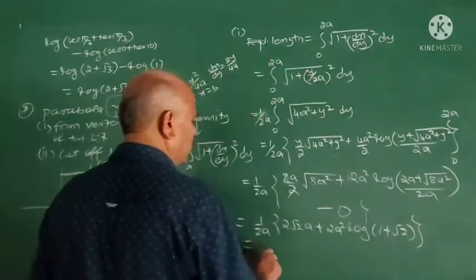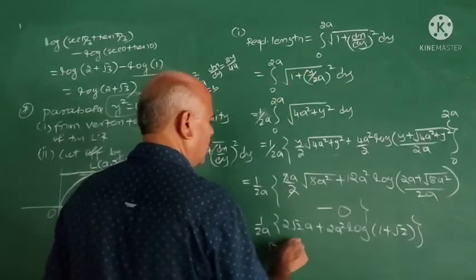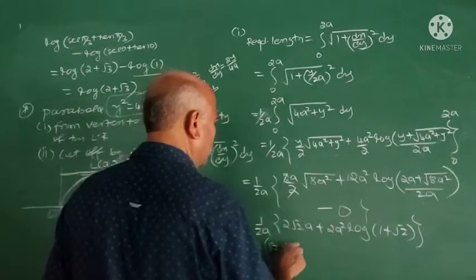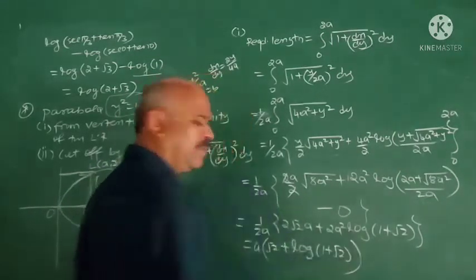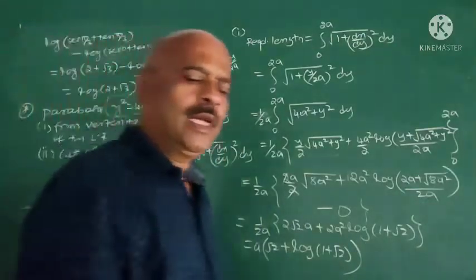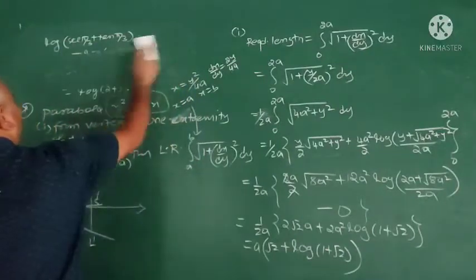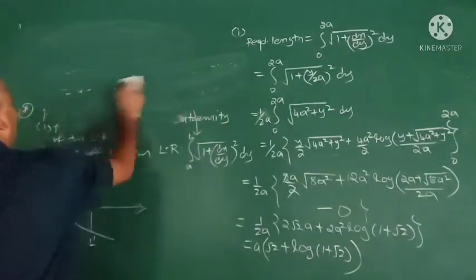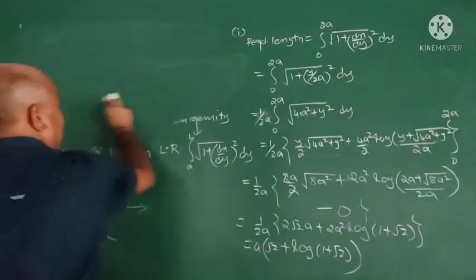So 1 upon 2a cancels, it is root 2 plus log of 1 plus root 2, a into root 2 plus log of 1 plus root 2. What is this? It is the length of the arc of the parabola from vertex to one extremity of the latus rectum.